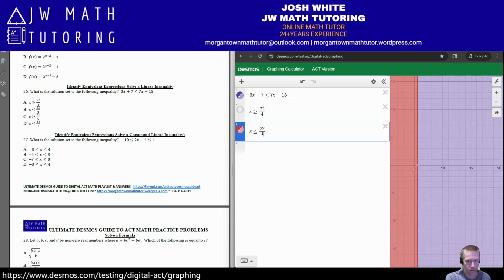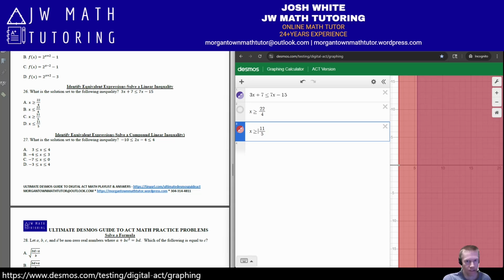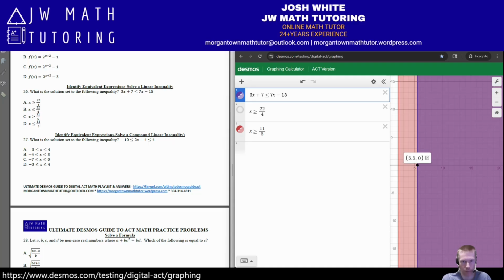Let's check B. That is not the correct answer. Notice it's not overlapping. It's actually on the opposite side. Oh, that was actually D that I just checked. But let's check C. X is greater than or equal to 11/5. Notice there is some overlap, but it's not completely overlapping. It starts over at 2.2 instead of over here at 5.5.